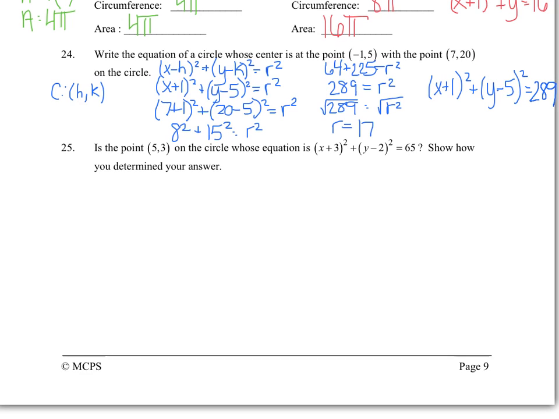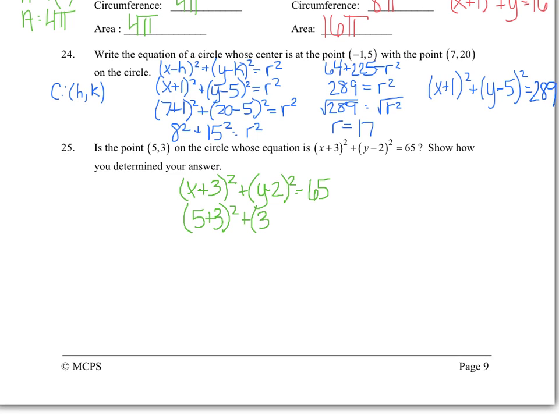Number 25 says, is the point 5, 3 on the circle whose equation is x plus 3 squared plus y minus 2 squared equals 65? Show how you determined your answer. Well, I have x plus 3 squared plus y minus 2 squared equals 65. If 5, 3 is on the circle, when I plug it in, I will get it to equal 65. So I'm going to plug in 5 for x, so 5 plus 3 squared.